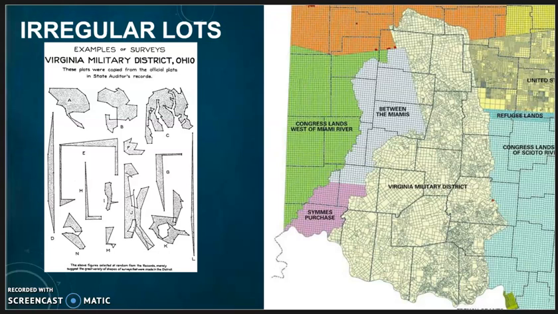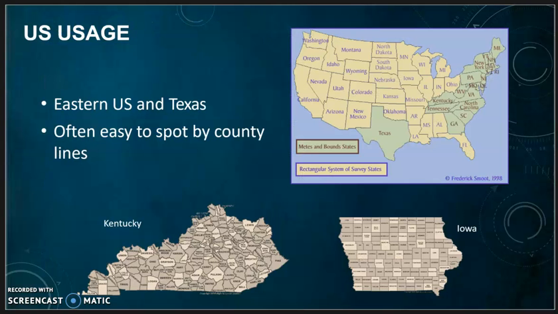And so this led to a lot of irregular lots. As you can see, rather than a grid line, here in the Virginia Military District, things are just kind of all over the place. So in the US, there are some metes and bounds states. Texas, or everything here in green, is going to be metes and bounds.